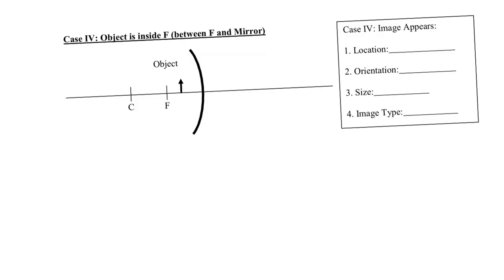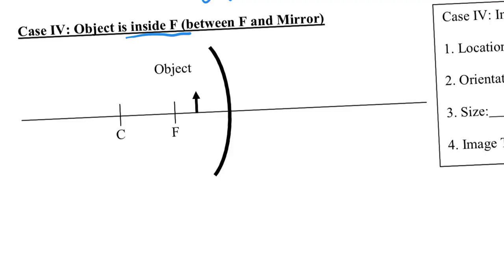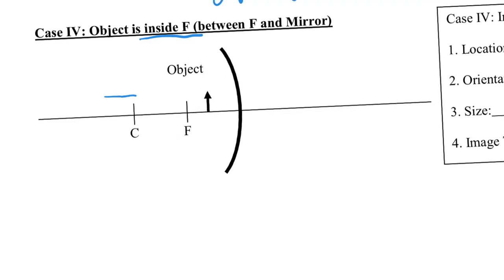Okay, and finally, what if the object is inside F? So DO is less than the focal length. Okay, so it's the same thing. Oh, I made it kind of slanted. Okay, so a parallel ray will reflect through F. Then, I think the easiest thing to do would be to go to the P. I'm going to go right to the P off the top of the object.